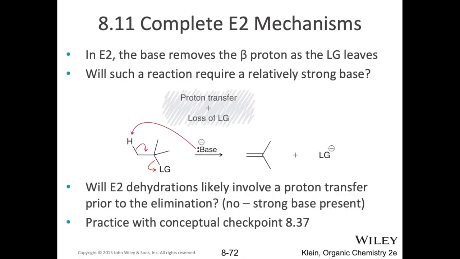With E2 mechanisms, when we look at the full picture, basically we see that it's again a concerted step, right? We have our beta proton being removed by a base, and when it gets removed, we shift those electrons over to form that pi bond, which in turn causes the leaving group to leave.